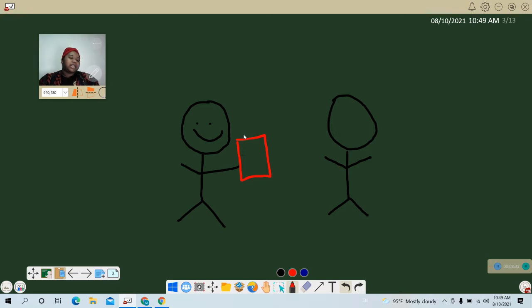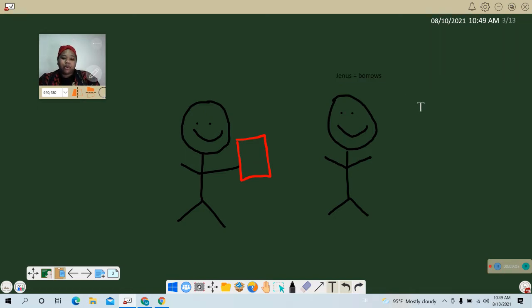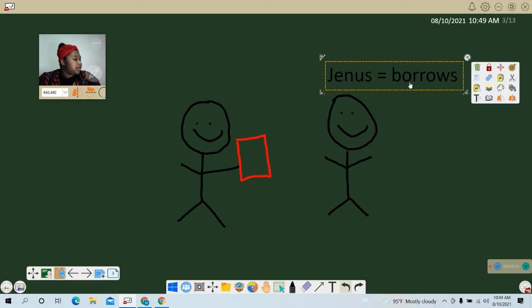This is CS's book. And Janus, you want CS to share his book with you. So this means that Janus wants to borrow the book, right? Janus, he will borrow the book, or he borrows the book. Because again, the book is not his, it is CS's.